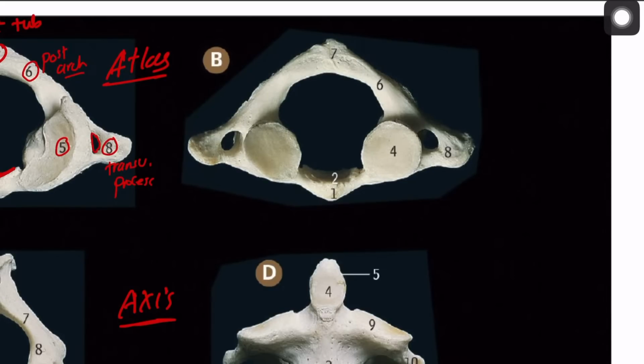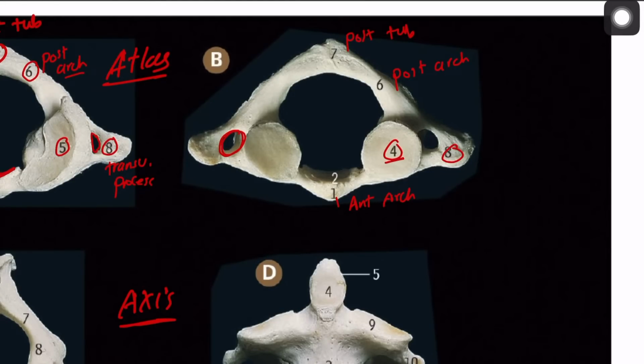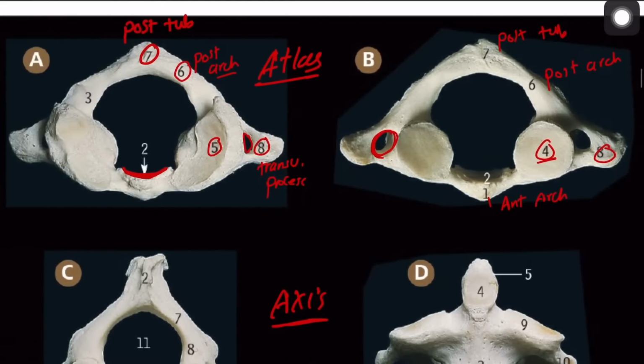Here you have the apex of the anterior arch. This is the anterior arch, this is the posterior tubercle, and this is the posterior arch. Here you have the view from inferior. That is the inferior articular facet, that is the transverse process, and this is the transverse foramen.